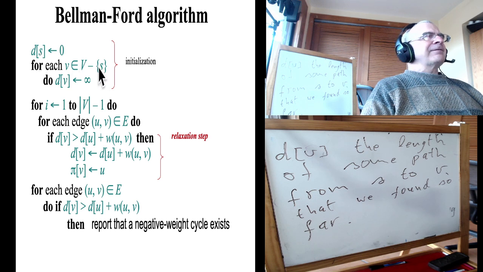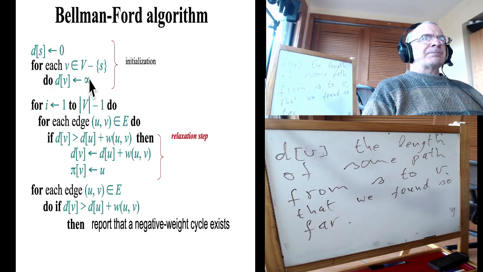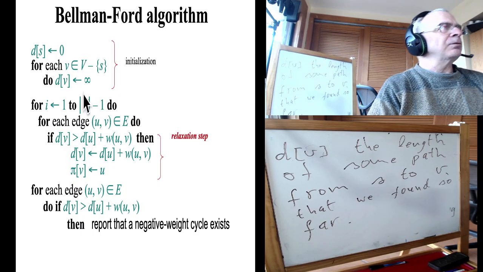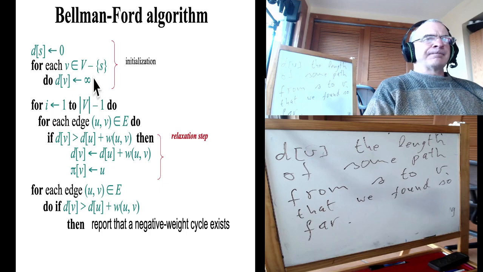And for every other vertex, I didn't find any path, so my best estimation is that there is no such path. How do I tell the algorithm that there is no such path? It says D of V is infinity. Max int, max float, whatever you are using to denote infinity. That's how I initialize the algorithm.